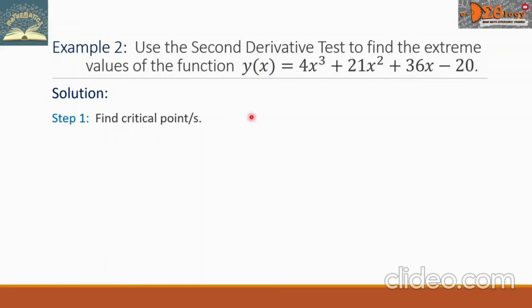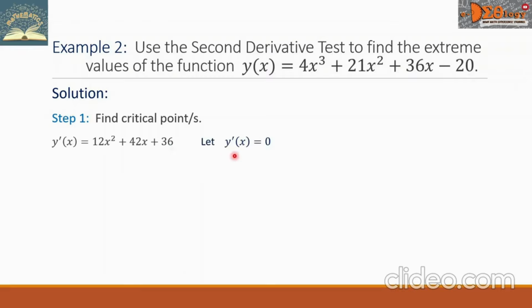That is, we will take the derivative of the given function here. So, y prime of x equals derivative of 4x cubed is 12x squared. Derivative of 21x squared is 42x. Derivative of 36x is plus 36. Derivative of negative 20 is 0.